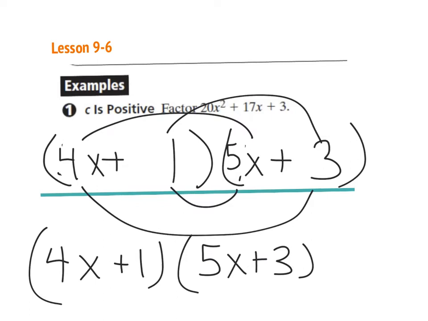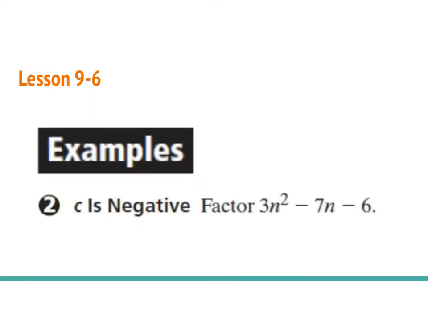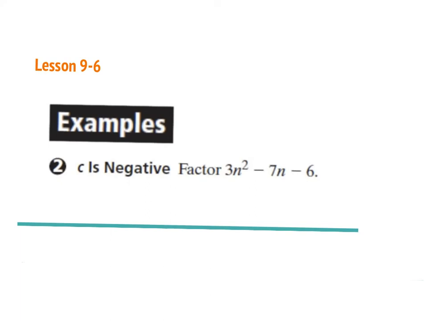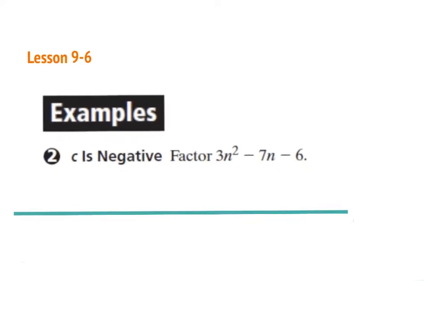Let's try another example. In this example, we've got a 3n squared and then a minus 6 in my C term, or my last term, okay? So again, I'm going to start with my parentheses just like I did before, and I'm going to put in things that I'm pretty certain of, things that are guaranteed.